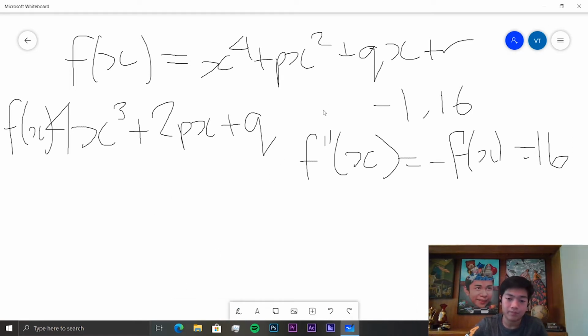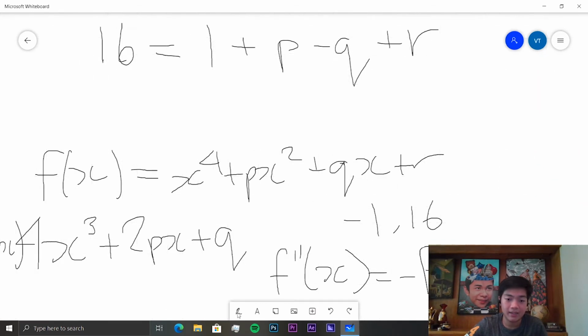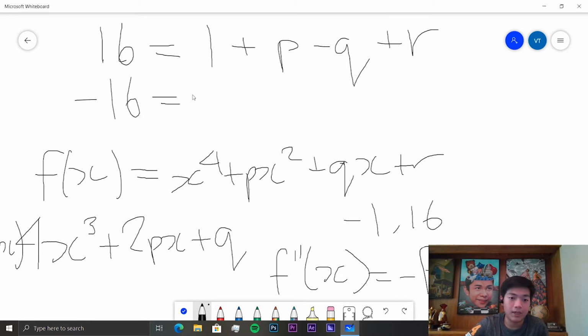So we get that -16 is equal to 4x cubed, so -4, plus 2px, so that's minus 2p, since x is -1 at this point, plus q.